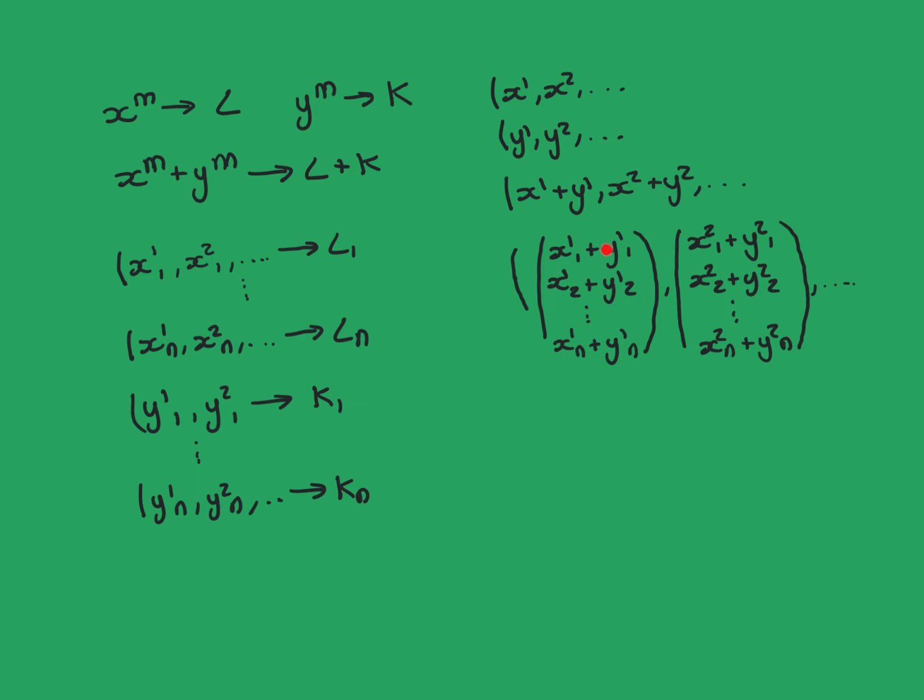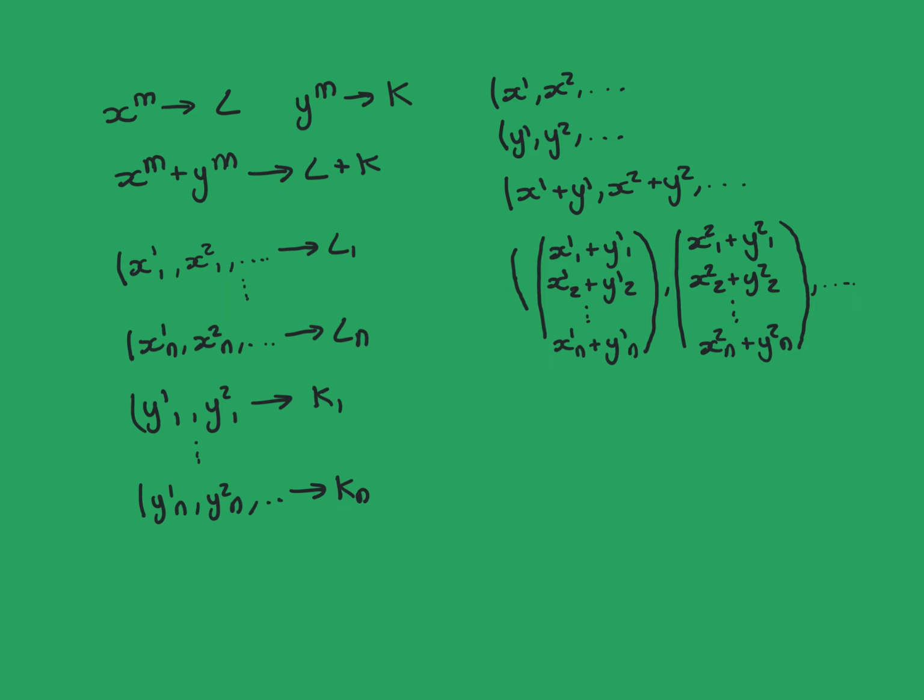For example, the first coordinate sequence here comes from the sum of the first coordinate sequence of the x sequence and the first coordinate sequence of the y sequence. These are both convergent sequences of real numbers, so we can apply the algebra of limits for sequences of real numbers to say that the sum sequence is also convergent, and it converges to the sum of the two limits.